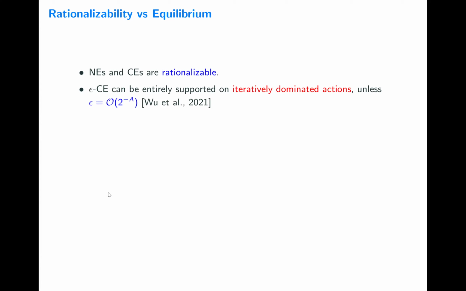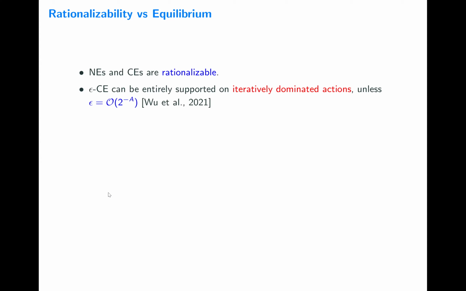We can actually prove that an epsilon-correlated equilibrium, I haven't defined the epsilon approximate version, but you can think of it as: when you deviate, your gain will be smaller than epsilon. This is the so-called epsilon-approximate correlated equilibrium. Such an approximate correlated equilibrium can actually be entirely supported on iteratively dominated actions. Those are the bad actions, actions we don't want.